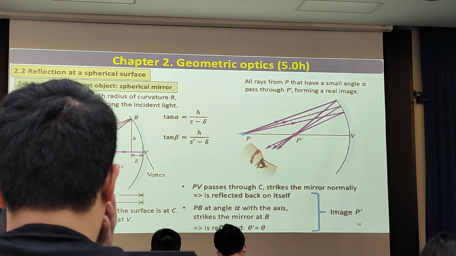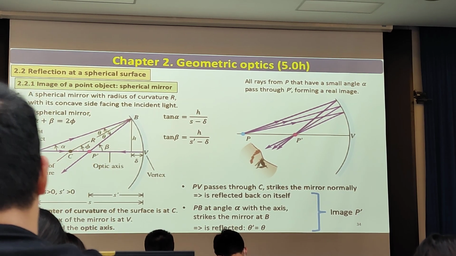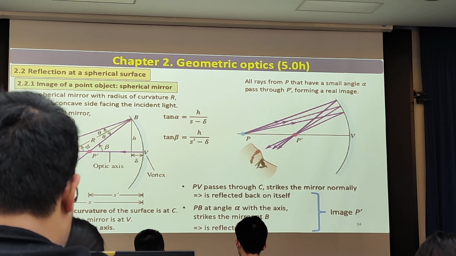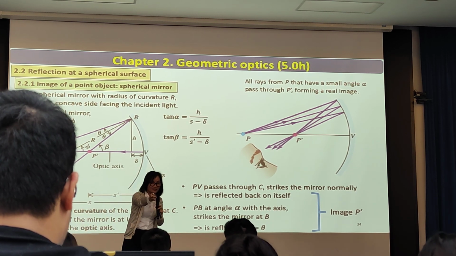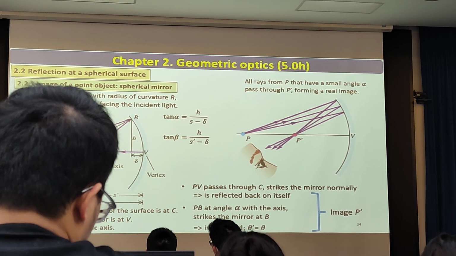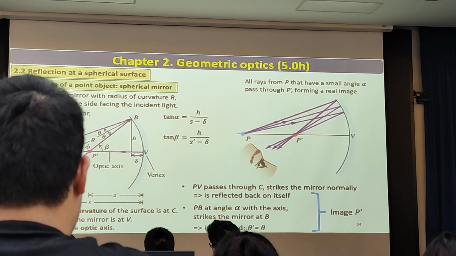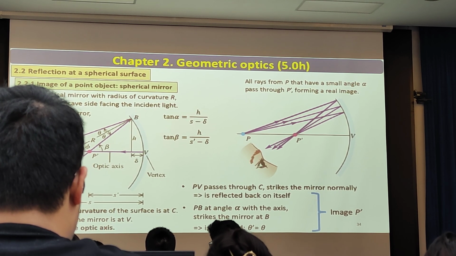So you have tangent alpha, tangent beta, and what is phi? So what is the value of tangent of phi? What is the equation of tangent of phi? In order to solve this, you look at the right triangle.